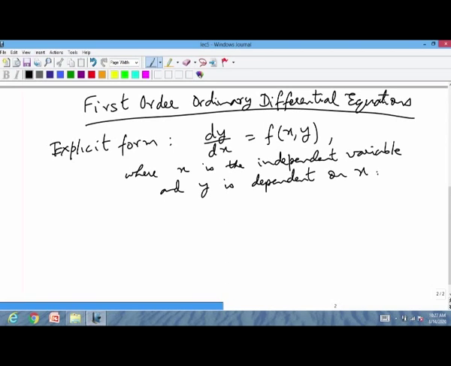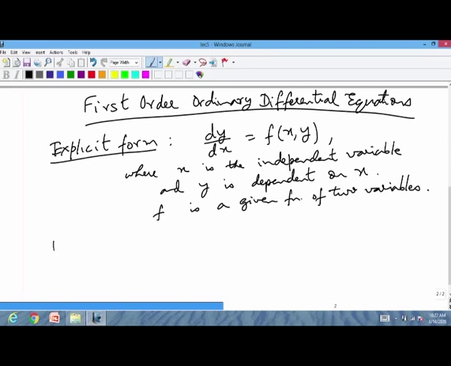So, dy dx, the derivative of y with respect to x, is equal to some given function f of x, y, where f is a given function of two variables. So, this is explicit form.